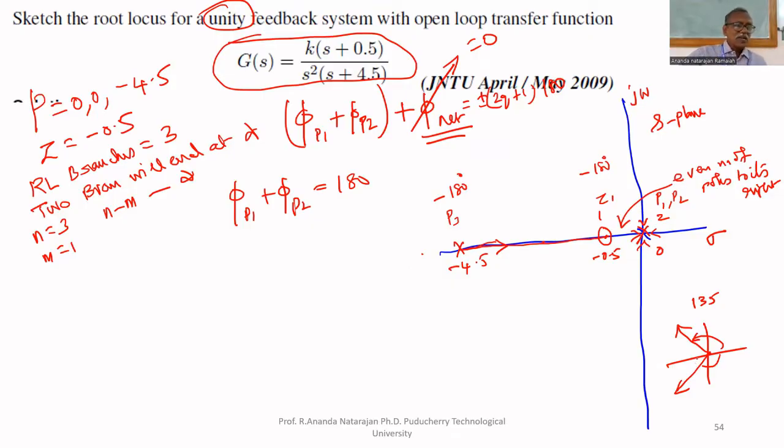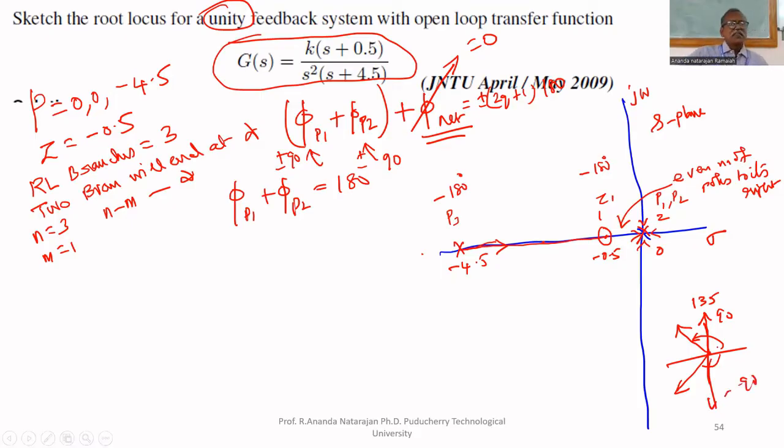So suppose we assume 90. Then the other is also plus or minus 90. Because of the first rule, if one comes out at 90 degrees and the other at minus 90 degrees, then they are symmetrical.